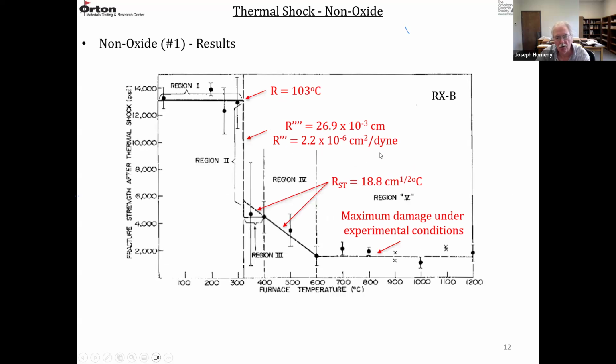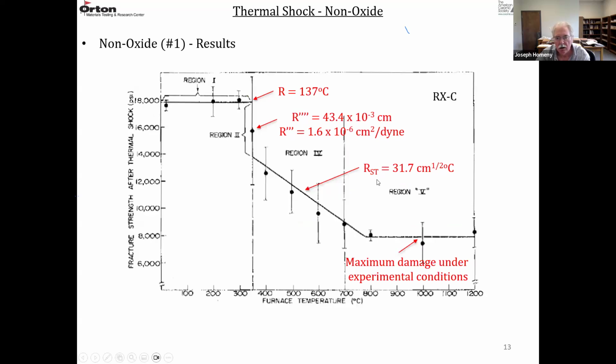This doesn't really work here, R3 prime. And it doesn't include the work of fracture, so it's not going to predict the right trend in this material because there's a substantial difference in the fracture surface energies. And you can only use R3 prime when there's not a big difference in fracture surface energies. Our RST here is 31.7.